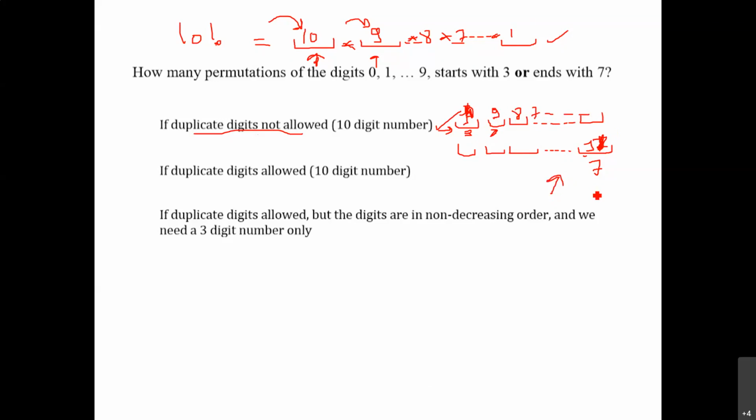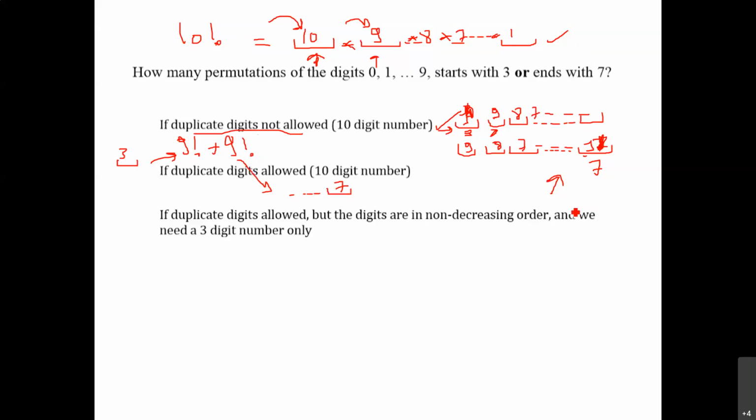Same if it ends with 7. How many possibilities do I have here? 9, 8, 7, and so on. So it feels like 9 factorial plus 9 factorial. Do you think these are all the cases? 9 factorial if I start with 3, or 9 factorial if I end with 7.